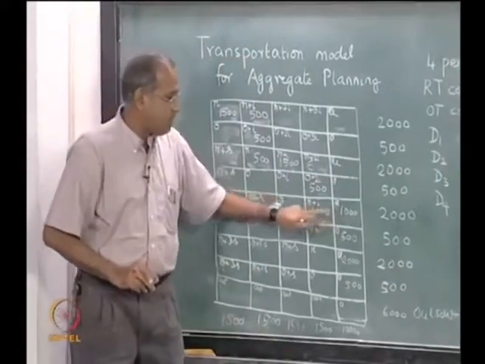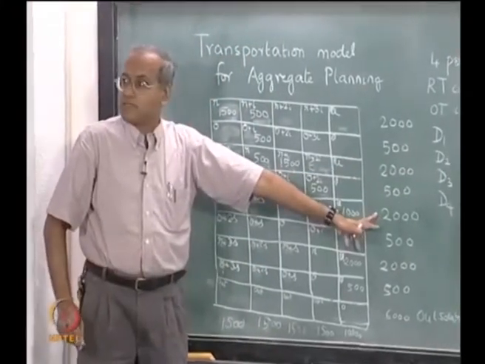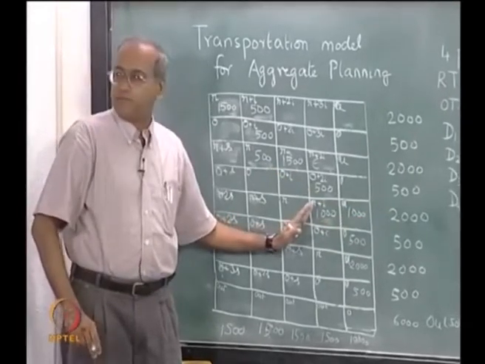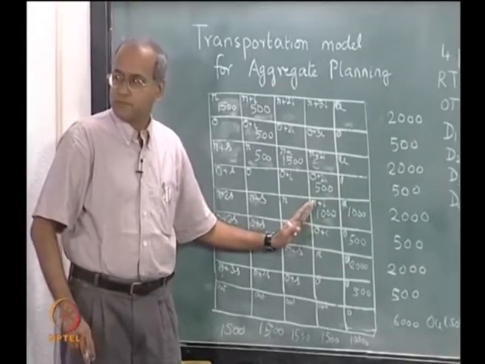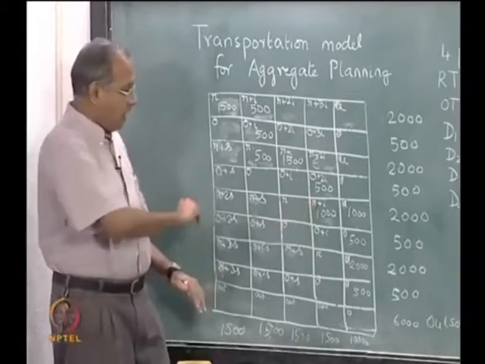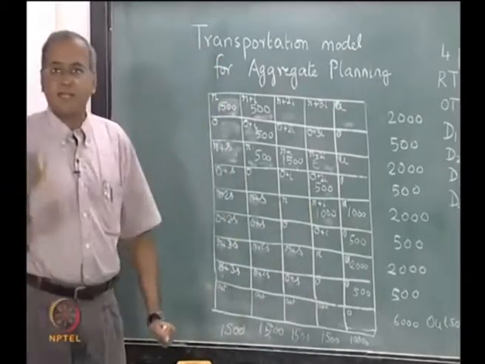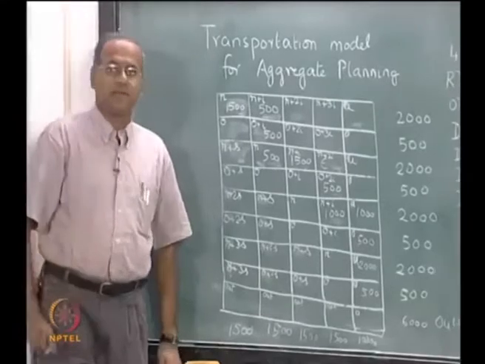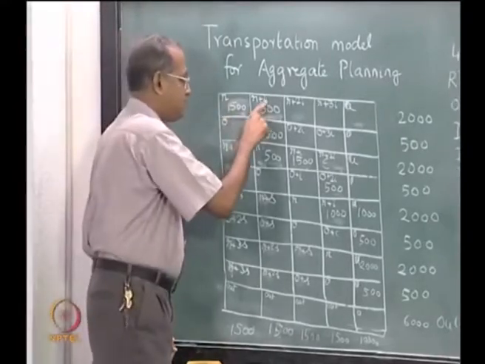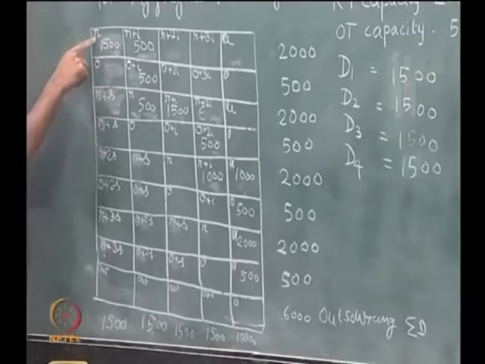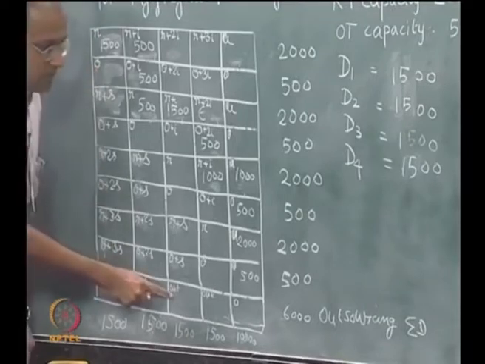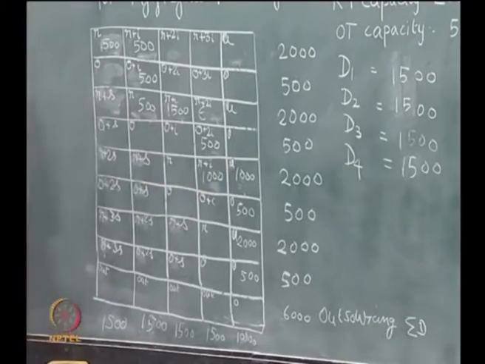So, this is an example where the 2000 regular time capacity is not utilized fully, it is utilized partly only. So, now this table uses 6 costs instead of 8: inventory, shortage, regular time, overtime, outsourcing, underutilization. So, it is able to use 6 costs.